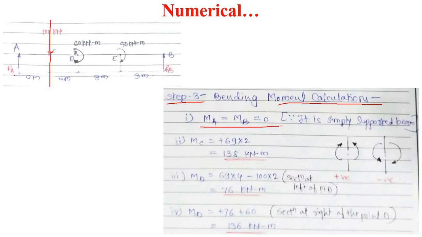RA is 69 kilonewton into the perpendicular distance of 2 meter. So bending moment at C is plus 69 into 2, which equals 138 kilonewton meter. It is at the left side of the section and rotating clockwise, so it is considered positive.